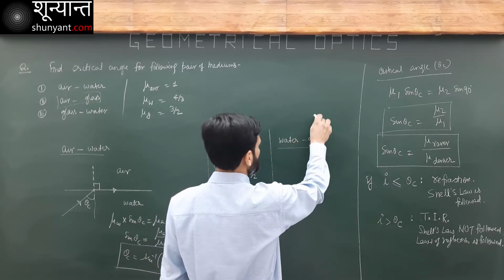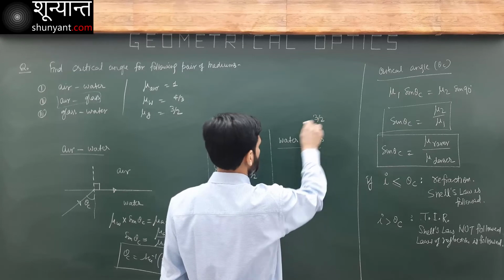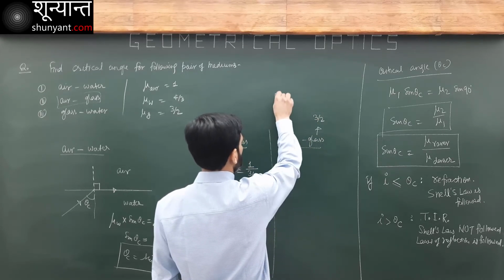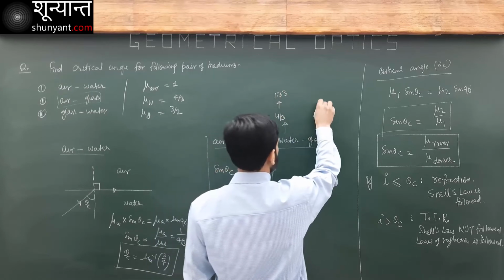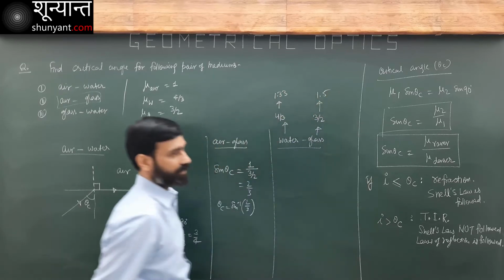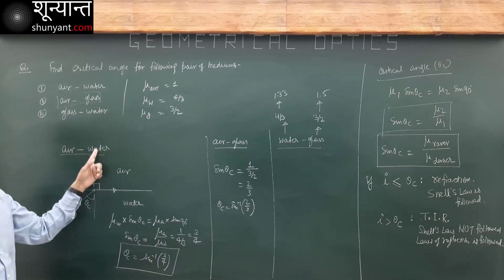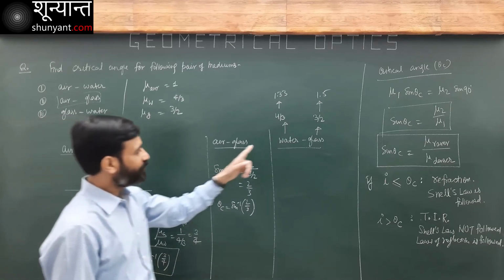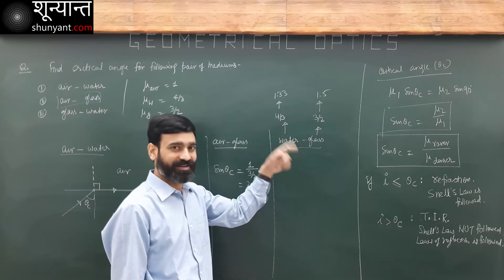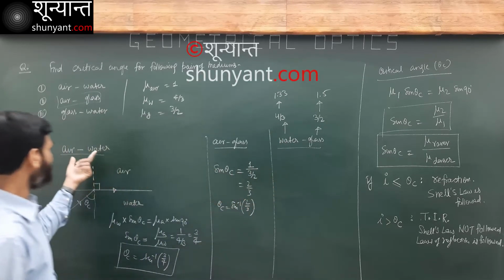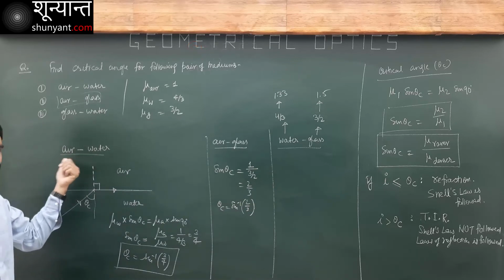Now, water and glass. This is 4/3, which is 1.33, and this is 3/2, which is 1.5. When you compare air and water, water is denser. But when you compare water with glass, then water becomes rarer. Water is denser only when you compare it with air.